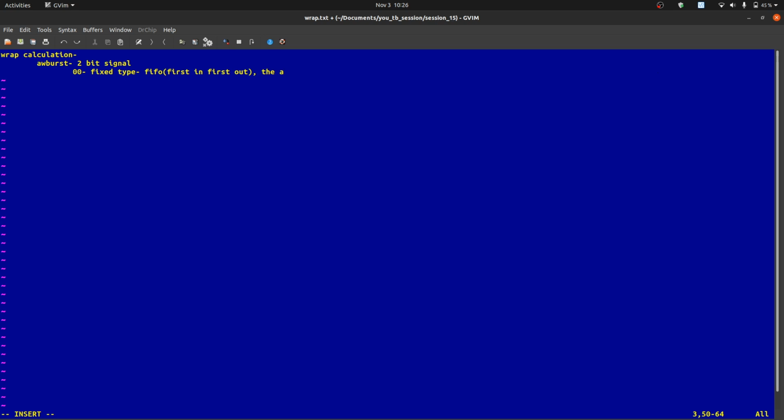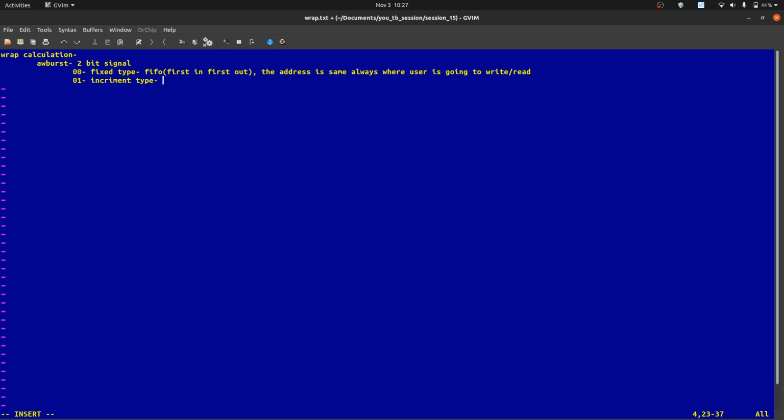That means the address is always the same, where the user is going to write or read, right? After that, increment 01 is for increment type.